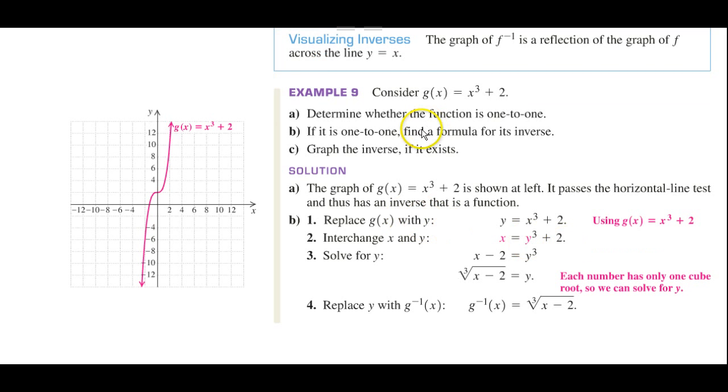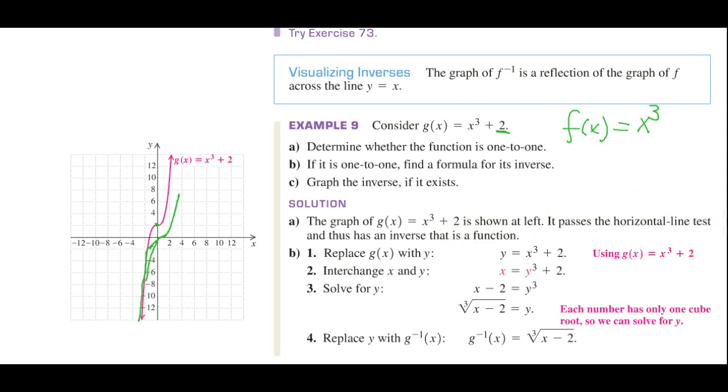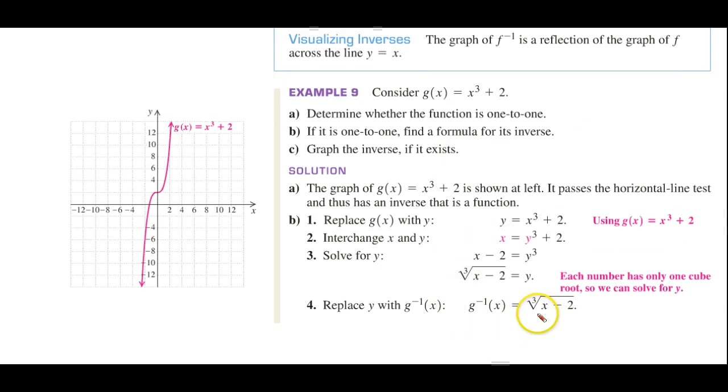We replace our y with the x, which is what they've done. We then solve for y by taking the 2 over to the other side. It becomes a negative 2. We then take the cube root of both sides and we get this. So this is the inverse.